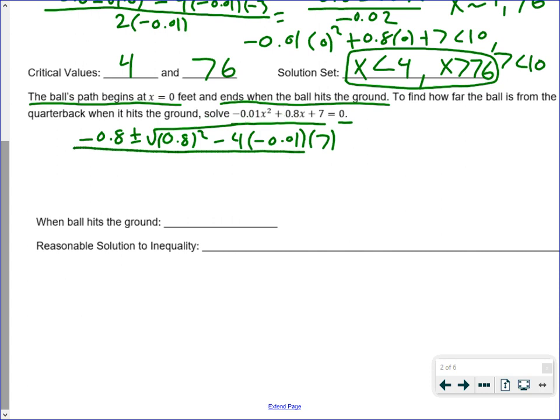All of that divided by 2a, or 2 multiplied with negative 0.01.